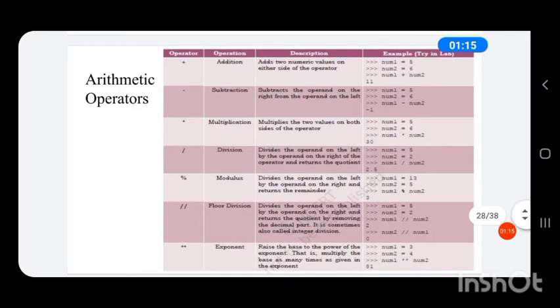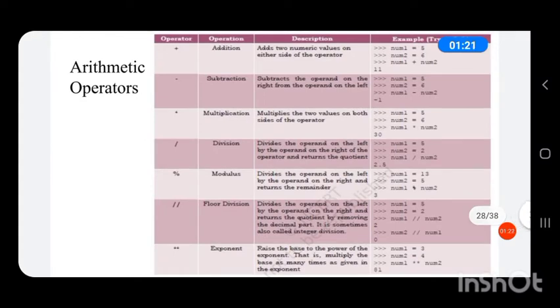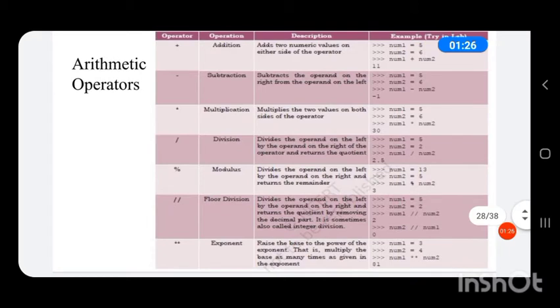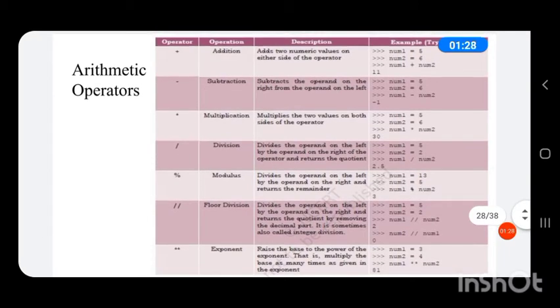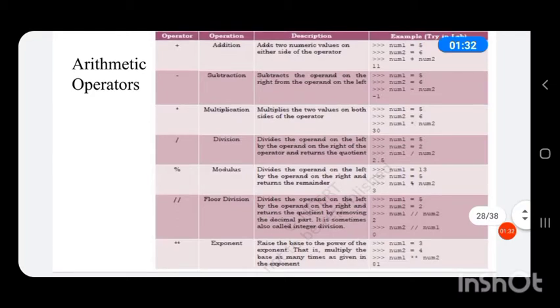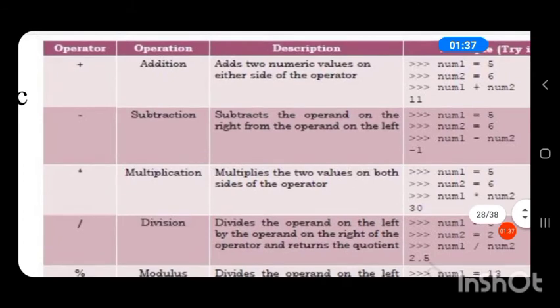Operators like plus, minus, star for multiplication, division, modulus, floor division, and exponent are all arithmetic operators.